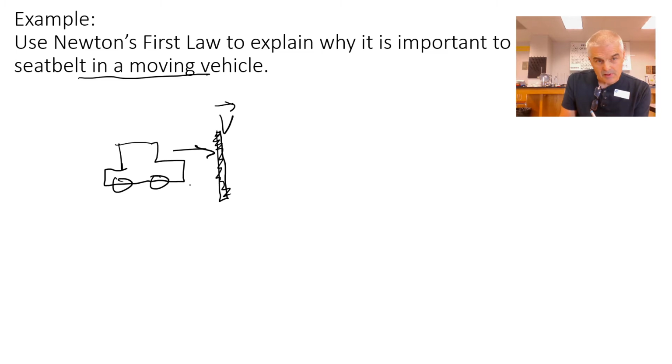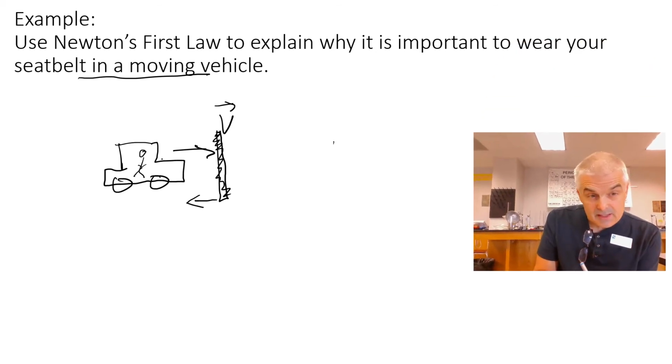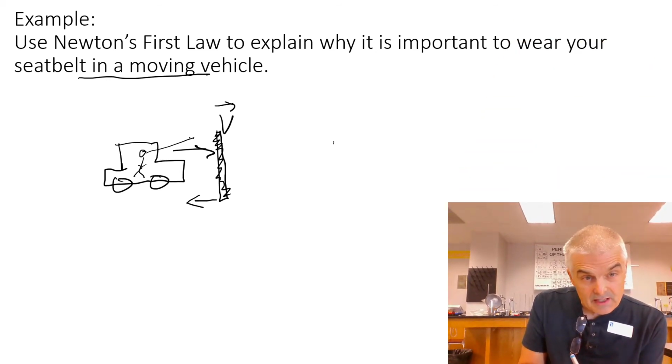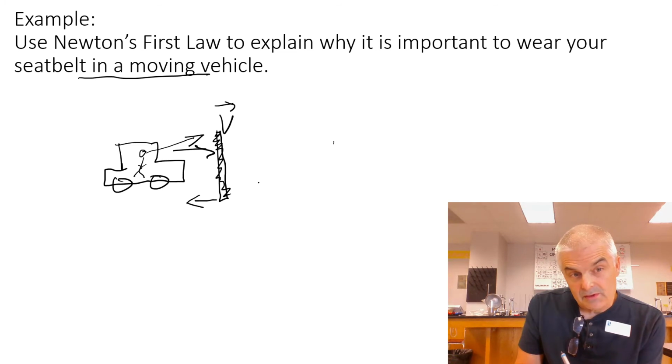You hit a brick wall, another force is going to act upon the car. That's the force from the brick wall. The car is going to suddenly stop when it hits the brick wall. But you, in this car, if you have no seatbelt, you're going to continue to move at velocity, and you will continue to move and then potentially hit the wall.